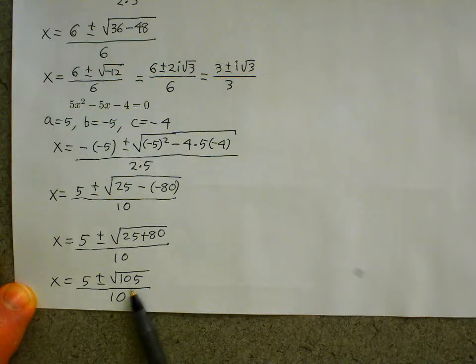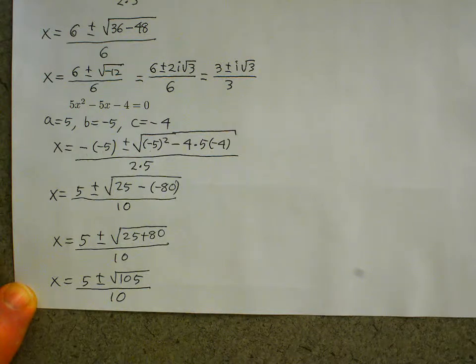The square root of 105 cannot be simplified further. The largest factor of 105 that is a perfect square is 1. And so we can't write this in lower terms.